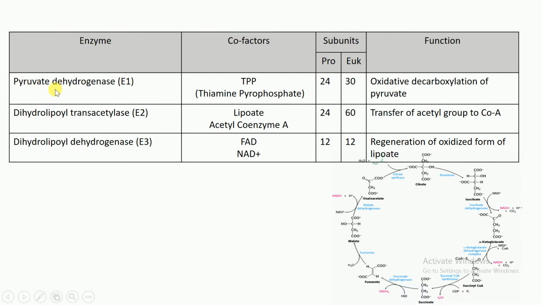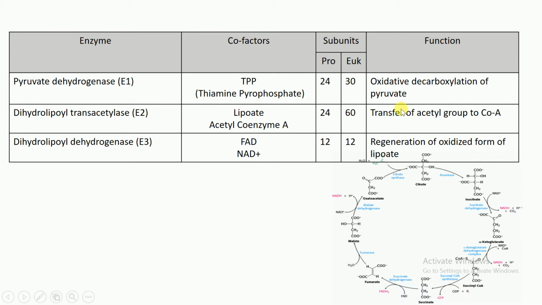The first enzyme, pyruvate dehydrogenase, has thiamine pyrophosphate as cofactor, which is also known as vitamin B1. This enzyme 1 has 24 subunits in prokaryotes whereas 30 subunits in eukaryotes. Its function is oxidative decarboxylation of pyruvate. The second enzyme, dihydrolipoyl transacetylase, has lipoate and coenzyme A as cofactors, and there are 24 subunits in prokaryotes and 60 subunits in eukaryotes.